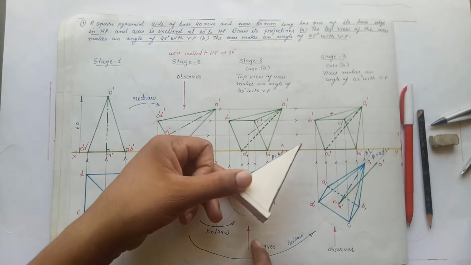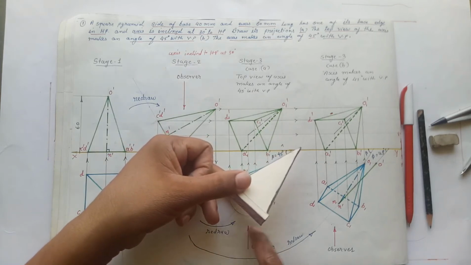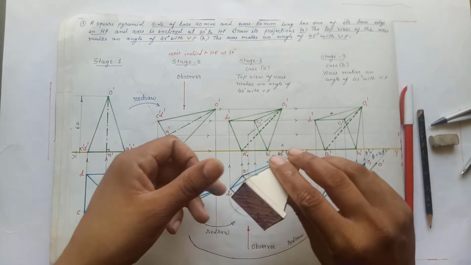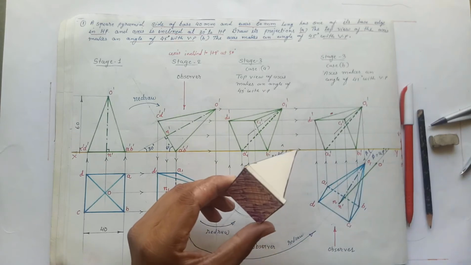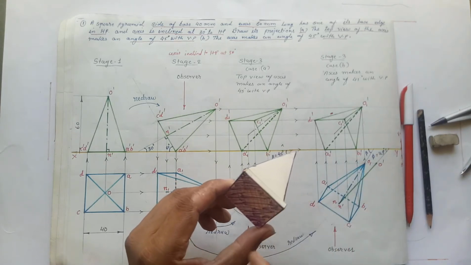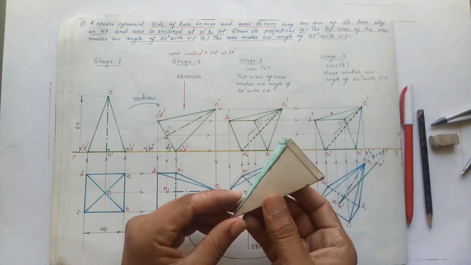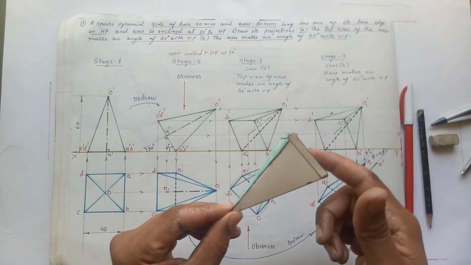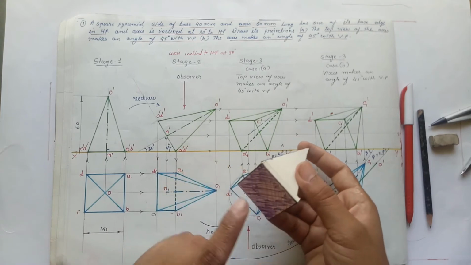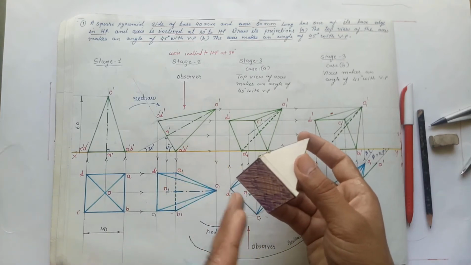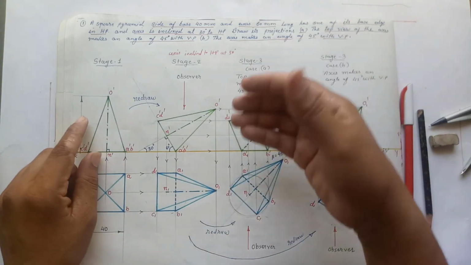So observing from the observer side, the base is nearer to the observer, and if the base is nearer to the observer, the base is going to be visible in the elevation. In this case we cannot see the base, but in this case we can see the base because the base is nearer to the observer. So in the elevation, the base is going to be visible.